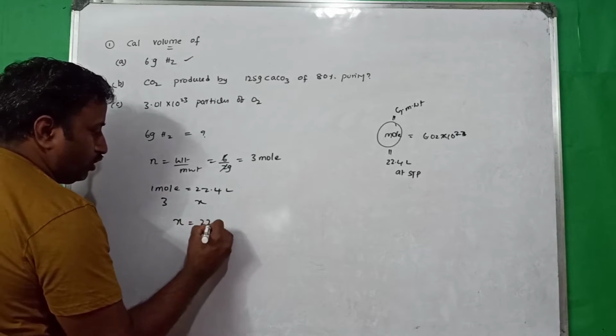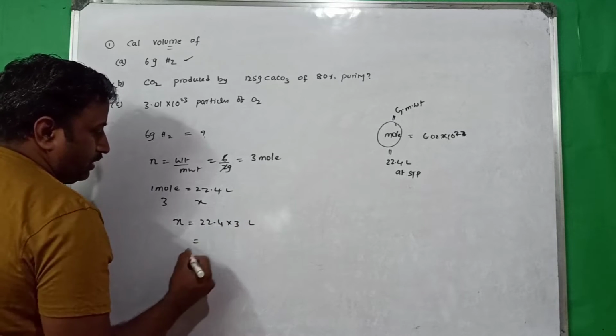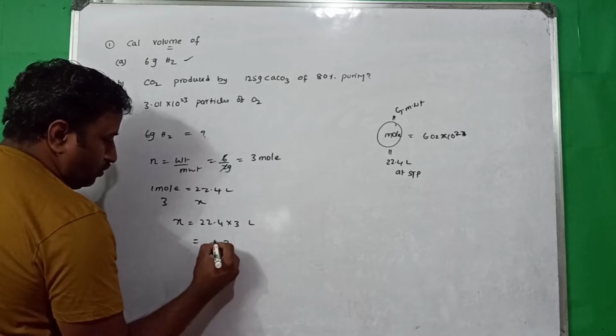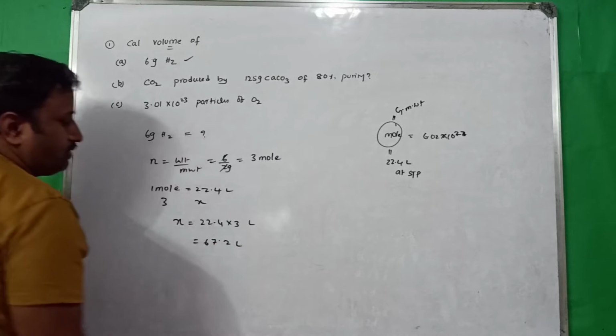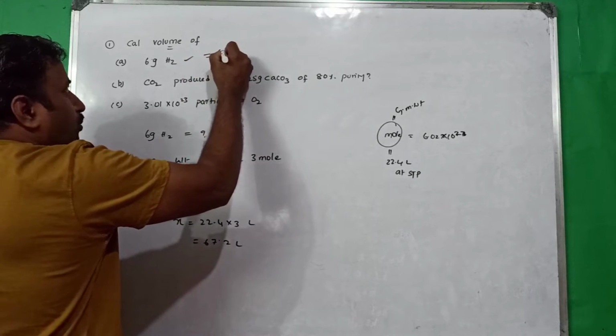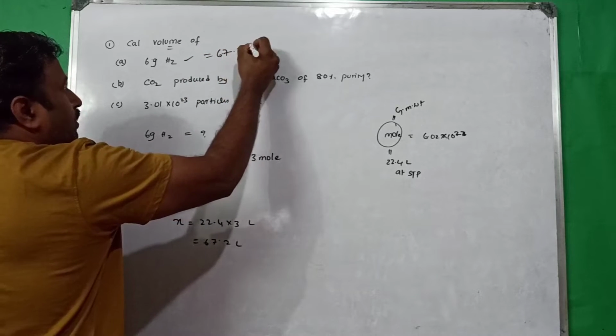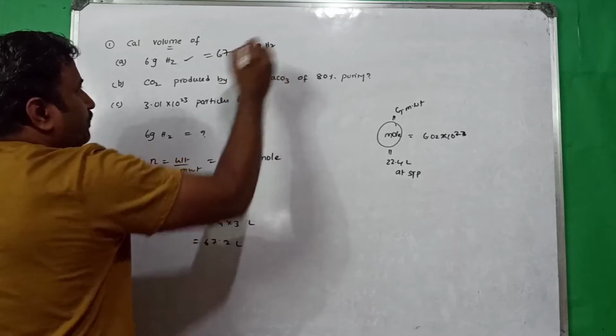Then x is equal to 22.4 into 3 liters, that is 67.2 liters, occupied by 6 grams of hydrogen gas.